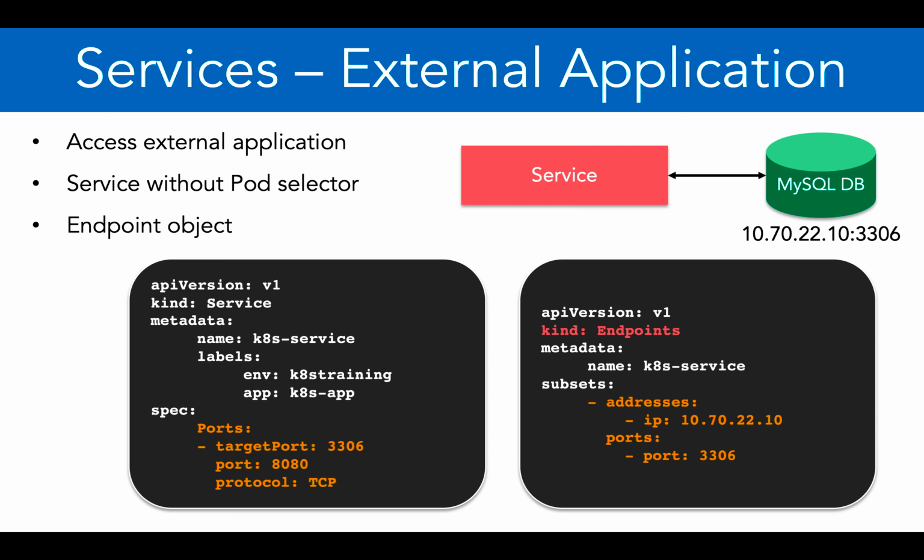So I'll be creating an endpoint object wherein in the subset it will mention the address to be the IP address of the database and the port to be the port of the database, and this port has been mentioned in the target port of the ports.